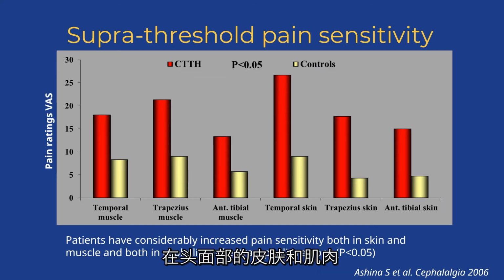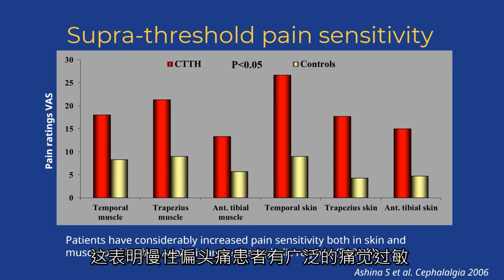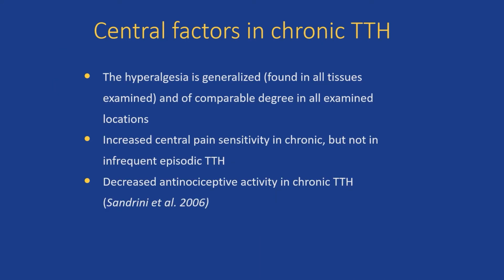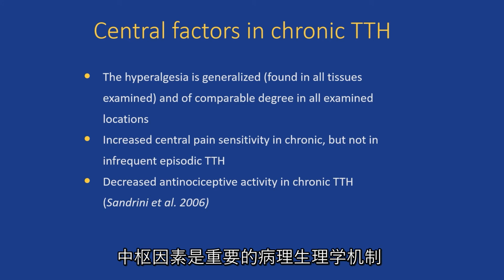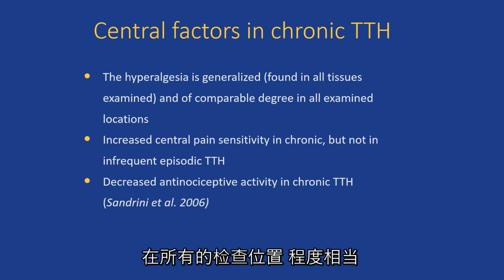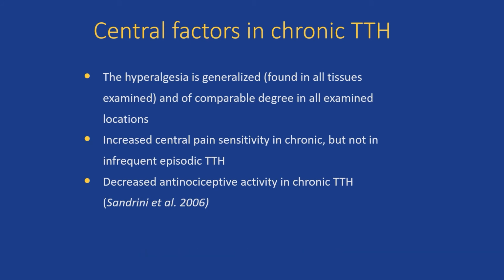Here we see that with suprathreshold noxious electrical stimulation at both cephalic and the extracephalic regions in both skin and muscle, there are increased pain readings indicating generalized hyperalgesia and evidence for central sensitization in chronic tension type headache. In summary, central factors play an important role in the pathophysiology of chronic tension type headache. We have shown that hyperalgesia is generalized and is of comparable degree in all examined locations.